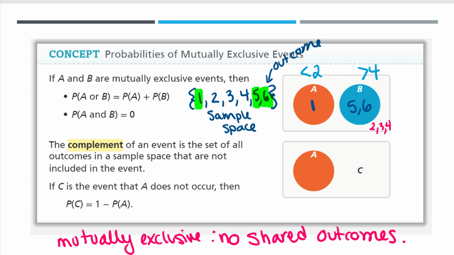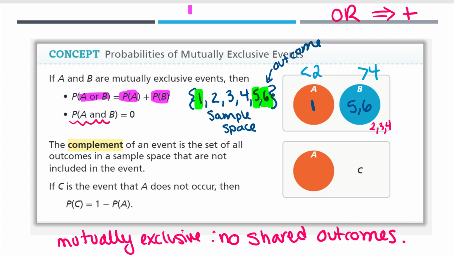In the example that I'm showing above, I want you to notice a couple things. When you're finding the probability of event A or B, you take the probability of A and you add it to the probability of B. A really important thing to remember is that when you see the word or, that translates to an addition sign.